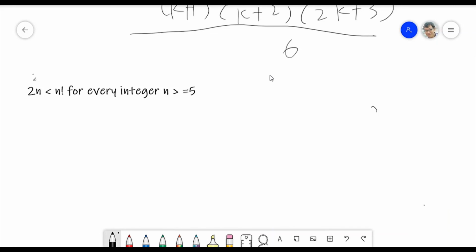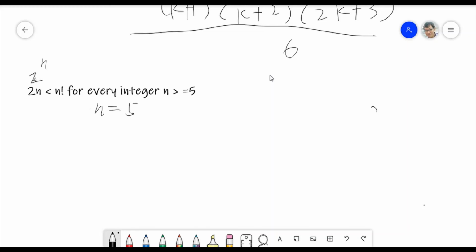So the second one, let's try to prove. The second one is here. Let me double verify. This is 2 to the nth power. For every integer n greater than or equal to 5, 2 to the n should be less than n factorial. So let's first prove n equals 5.